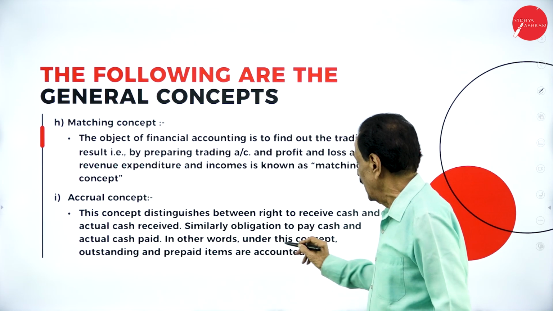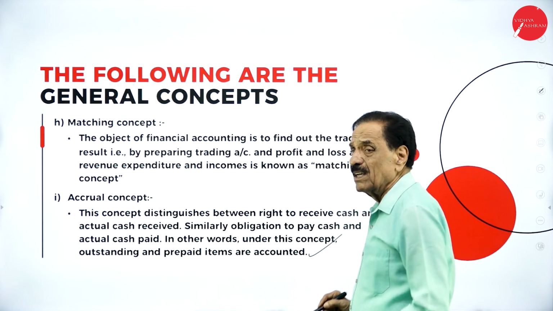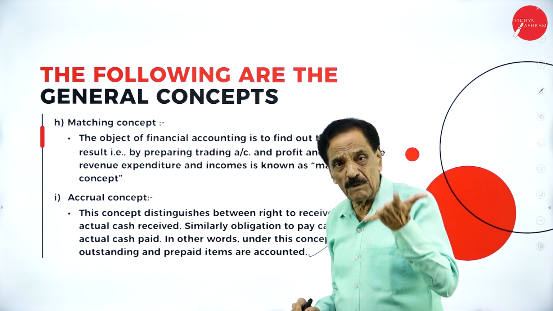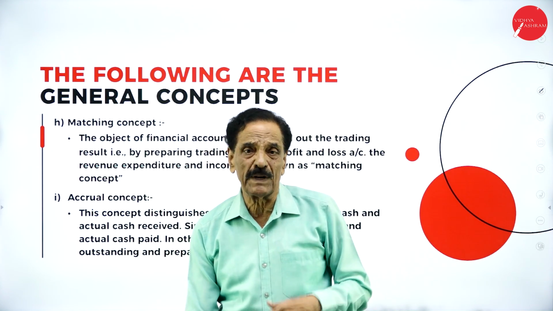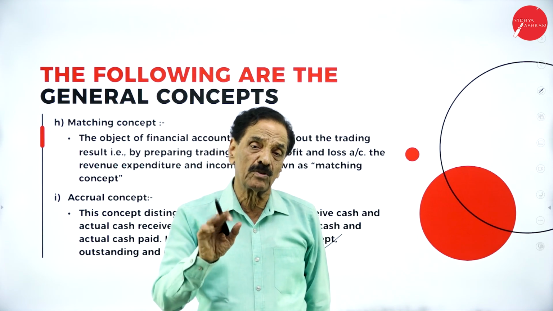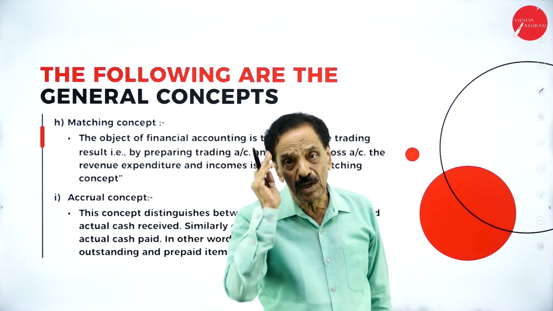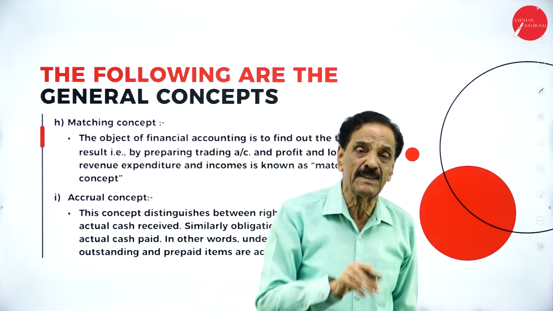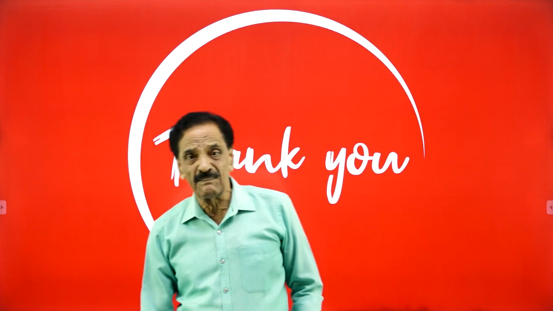In other words, under this concept, outstanding and prepaid items are accounted. Outstanding means yet to be paid, and prepaid means paid more. If you have to pay 10,000 and you pay 12,000, 2,000 is paid more, which is called prepaid. If you have to pay 10,000 and pay only 7,000, then 3,000 is to be paid. It's called outstanding. So I have explained every concept.